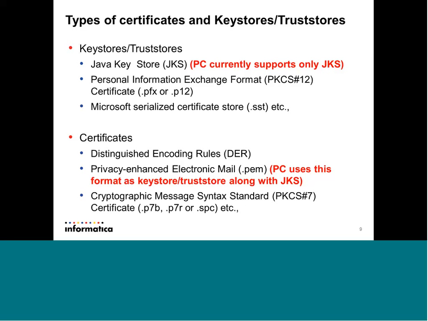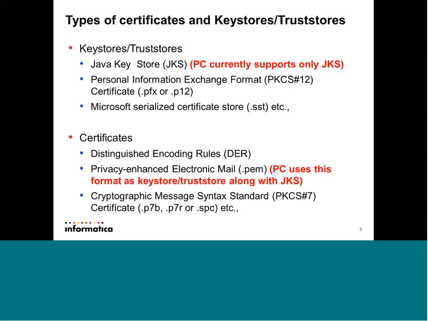And we also use certificates. Certificates can be of different types, like the Distinguished Encoding Rules (DER) format, the PEM format, the PKCS7 format, and many other formats. PowerCenter uses JKS key stores and certificates in PEM format. As part of PowerCenter terminology, we call the PEM format files also key stores and trust stores.